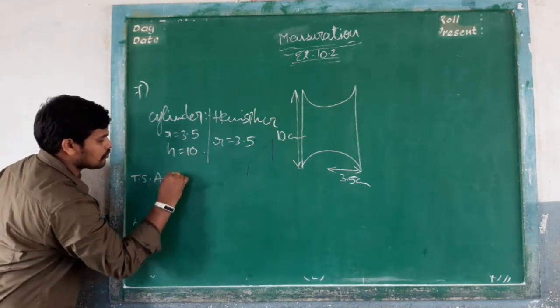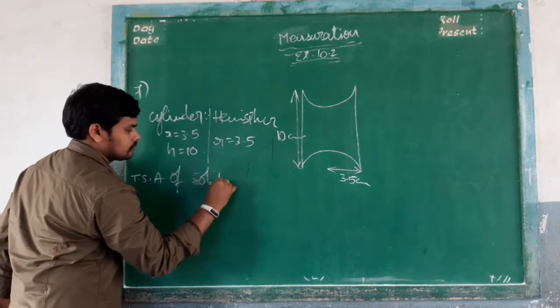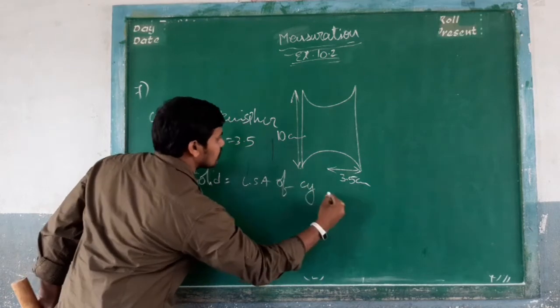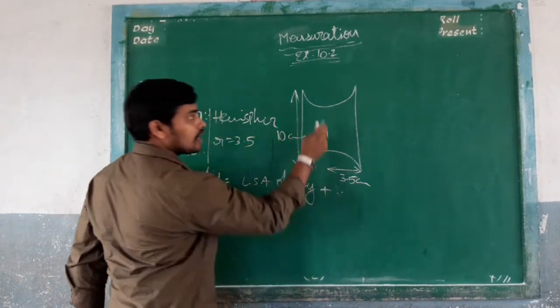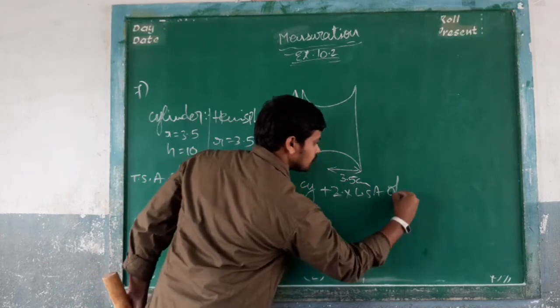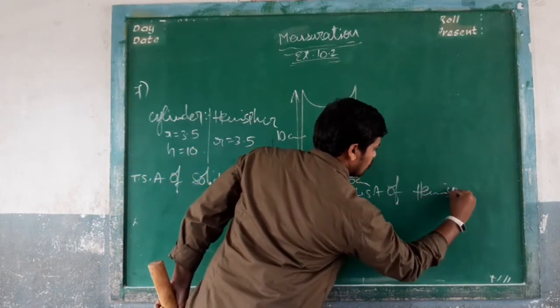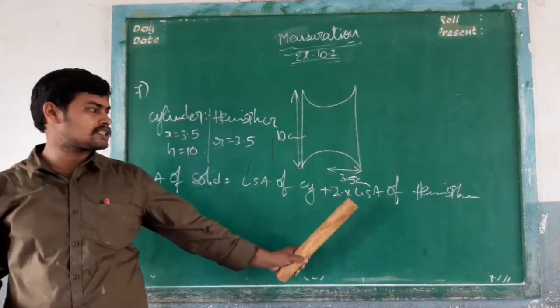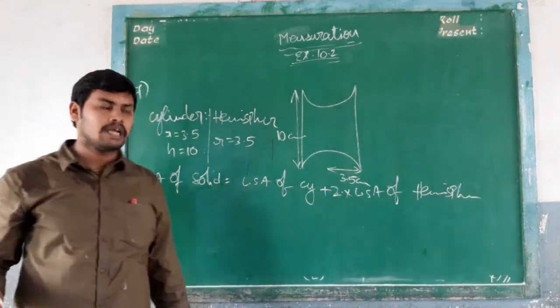Total surface area of solid. So lateral surface area of the cylinder plus how many hemispheres are there? 2. So 2 into the lateral surface area of the hemisphere. Lateral surface area of the cylinder plus 2 into lateral surface area of the hemisphere.